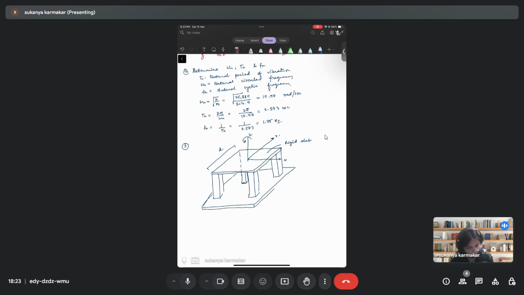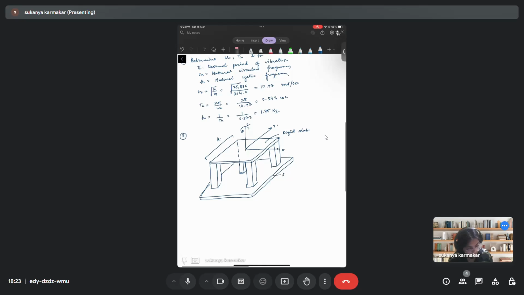You can call this a rigid foundation slab. This dimension I already marked D. This is H and this is B.